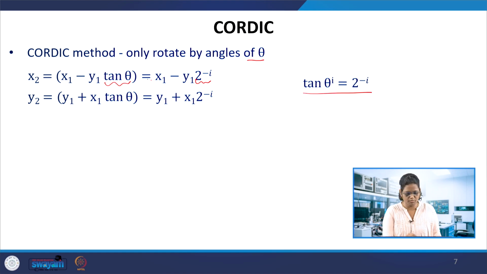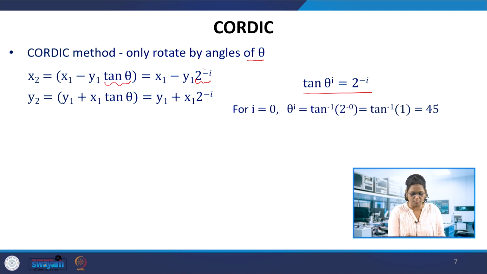If you assume that tan theta equals 2 power minus i, the equation changes accordingly. Let's see how this variation takes place and why this assumption is applicable here.